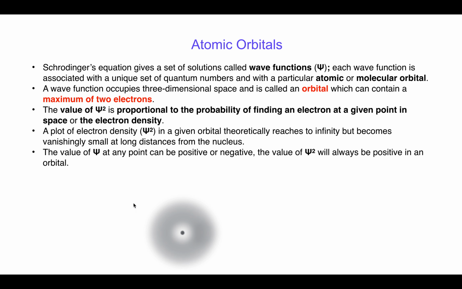Now it's important to note that the value of psi at any point can be positive or negative. So the wave function at some specific point may be positive or negative. But the value of psi square, that is the probability of finding the electron, this is the real one. This will always be positive in an orbital.